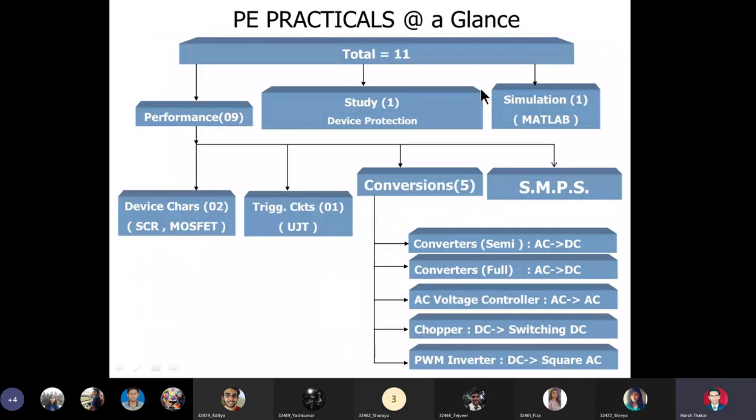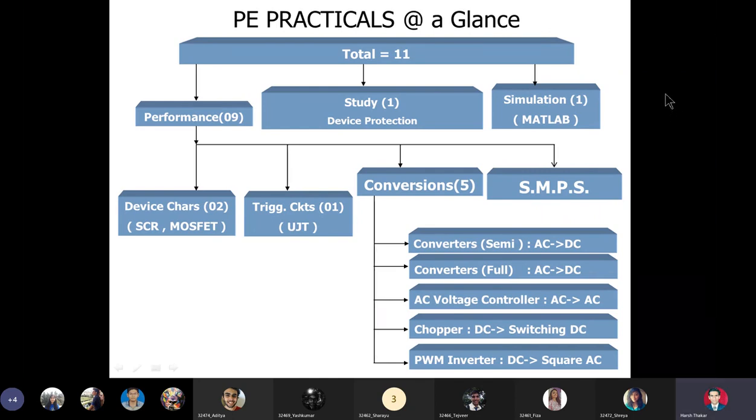So this is the breakup of the experiments prescribed by University of Pune. It's very simple. Total there are 11 experiments. These 11 experiments are broken into 3 categories: performance, study and simulation. So there are 9 performance experiments, 1 study experiment and one simulation experiment.